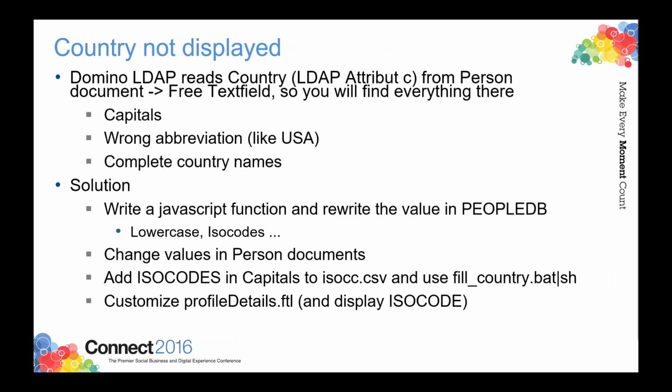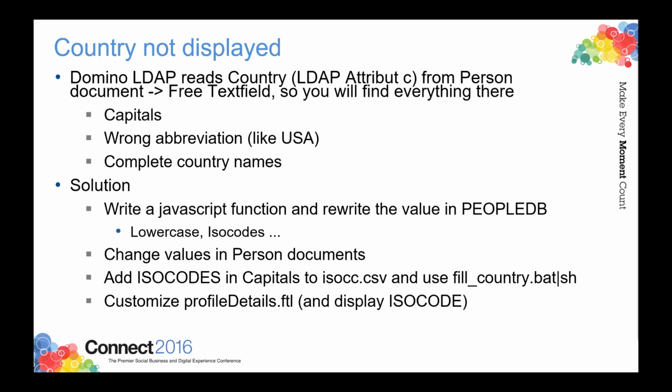So when the country is not displayed, I already said it, the Domino LDAP uses a free text field for country. So a user or administrator can write everything he wants to this field. When he uses capitals, the lookup will not work. When he uses the wrong abbreviation like USA, the lookup will not work.